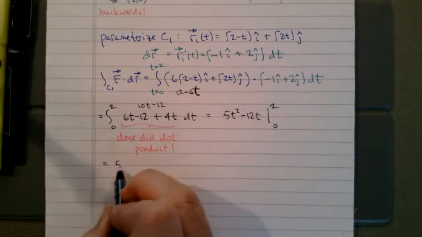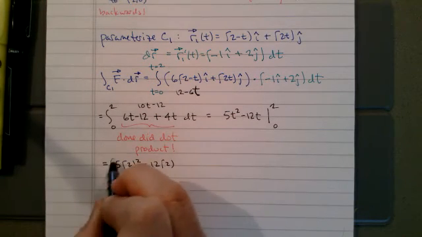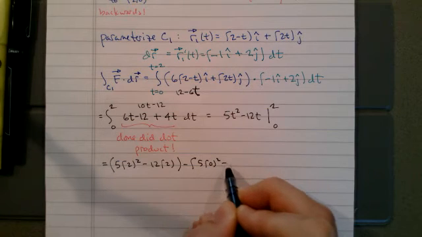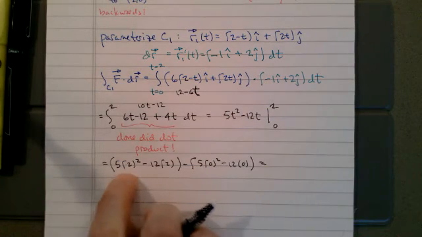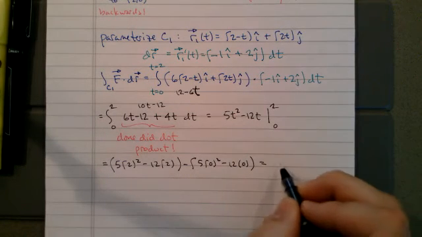So we'll have 5 times 2 squared minus 12 times 2, minus 5 times 0 squared minus 12 times 0. So we got 4 times 5 is 20 minus 24 is negative 4.